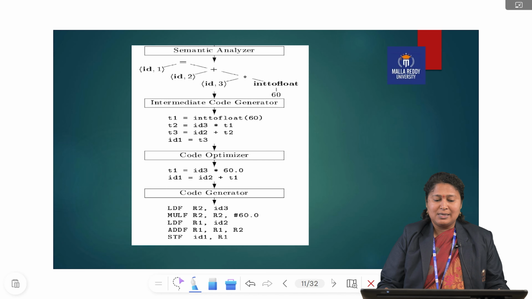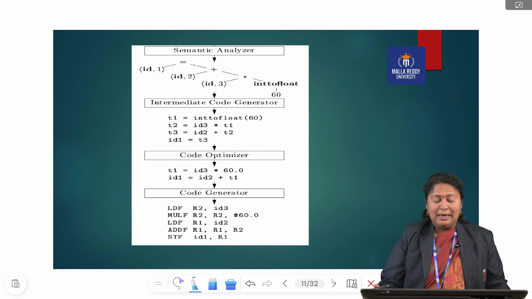This is the second step we need to do. And next, T3, the next variable, where we are adding the T2 value to identifier 2, and lastly whatever value is there in the temporary variable, we are placing that value into ID1, that is position.